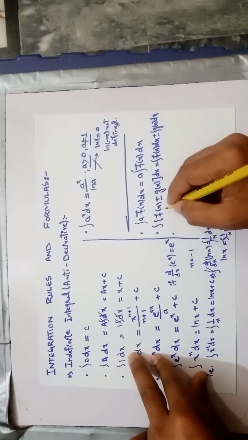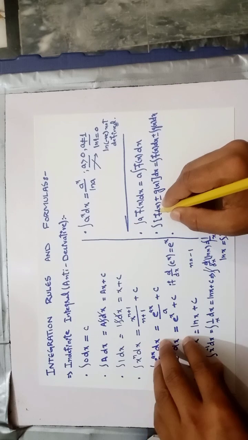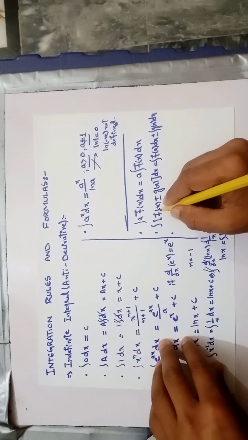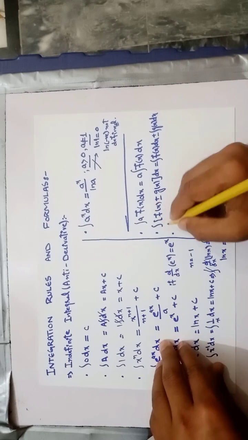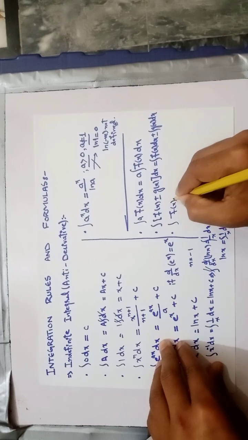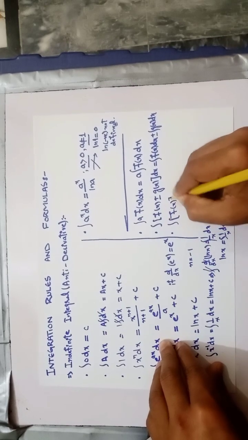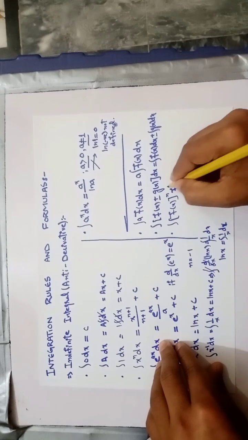Also we cannot follow that rule or that pattern for product and division. Now we will discuss the integration of f(x) whole power n, if there is a function having an associated derivative.